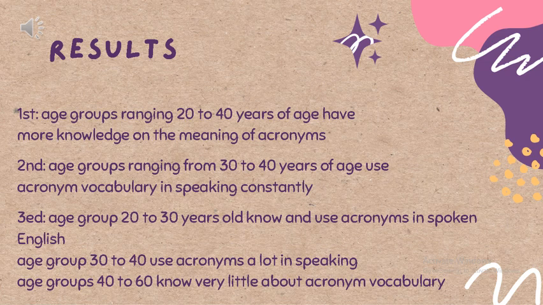So it means that they constantly speak with acronym vocabulary. Now, the third finding was that age groups from 40 to 60 know very little about acronym vocabulary, and they absolutely don't use this type of vocabulary in spoken English.